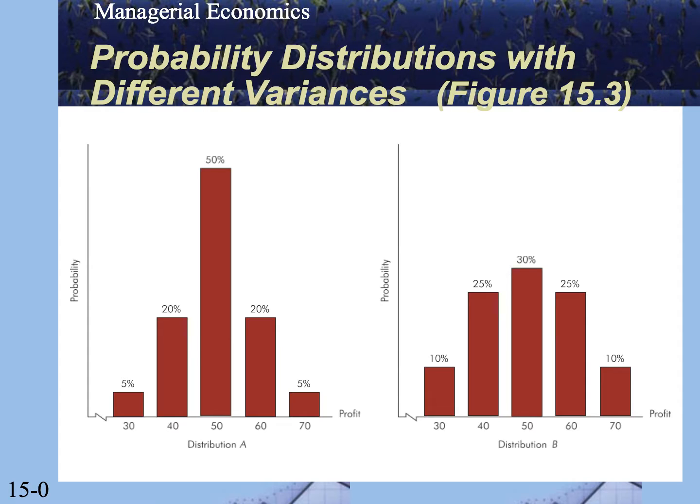In the second graph, distribution B, we see a lower probability than the first graph of a profit of 50, but we have a 10% probability of a profit of 30 and 70.